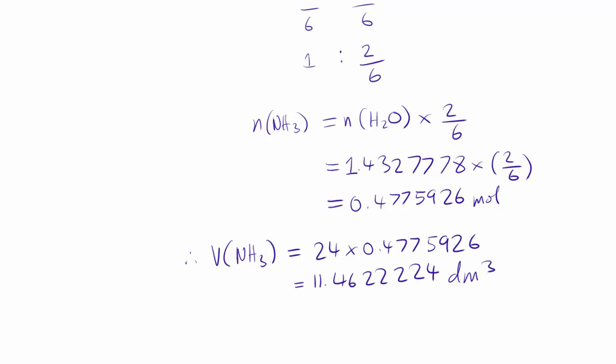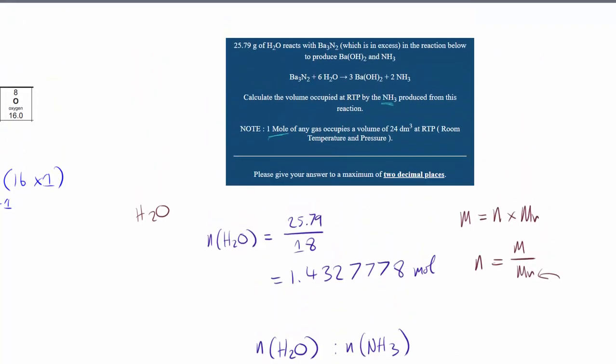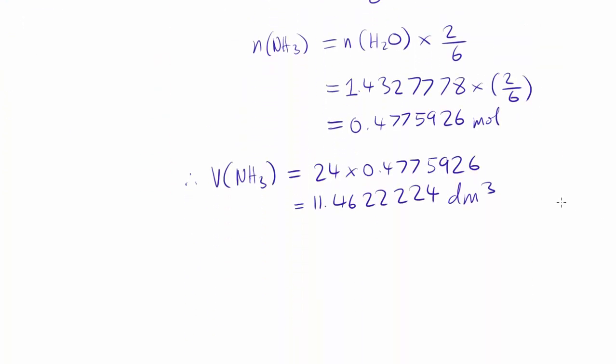Now we have been asked in the question that our answer should be to a maximum of 2 decimal places, right? So we're going to implement that, and if we round this, you can see the last number there is a 2, so that's simply going to be rounded down, and it's going to be 11.46.